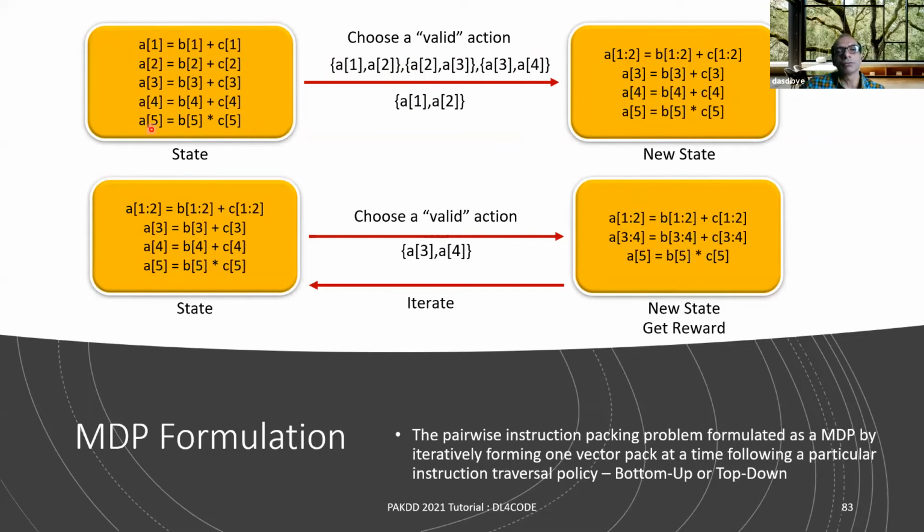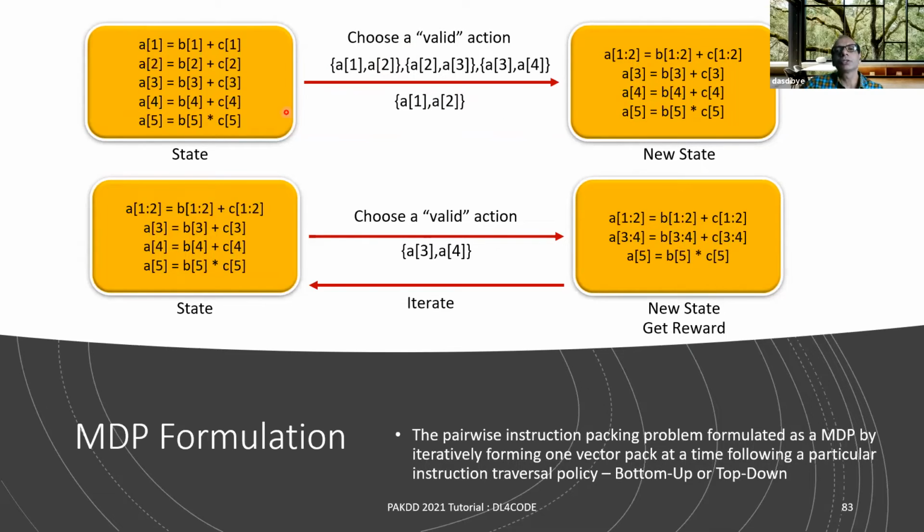Okay, I understand A1, A5 may not be valid. Currently, we have not shown that, because if two memory accesses are not contiguous, you may pay a high penalty in bringing them together into your vector register. But in general, all those also will be valid actions. It's not that they're invalid. They'll also be considered.